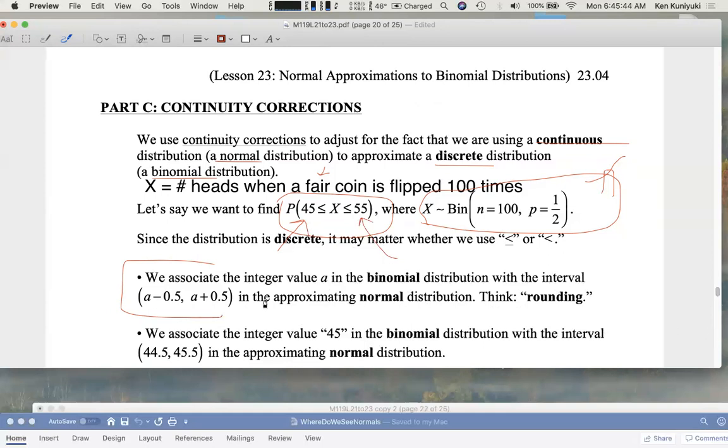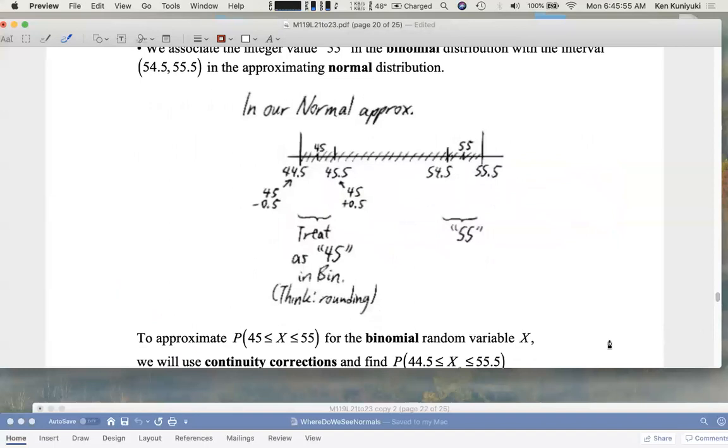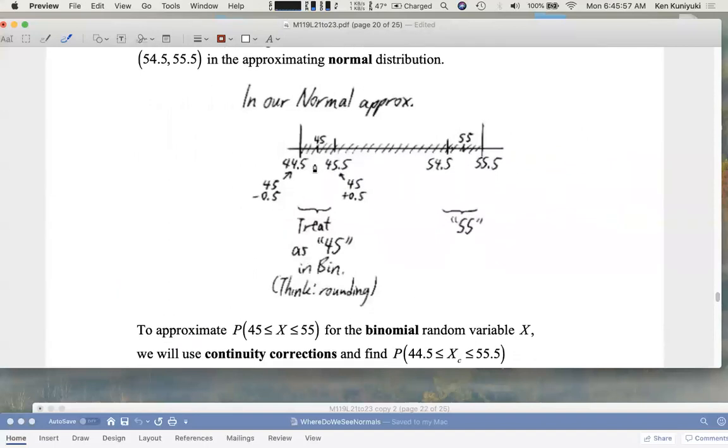In particular, what are the real numbers that round off to 45 to the nearest integer, and what are the real numbers that round off to 55 to the nearest integer? Bottom line. What are the real numbers that correspond to the integer 45 from the discrete binomial distribution? It's this interval of values over here.